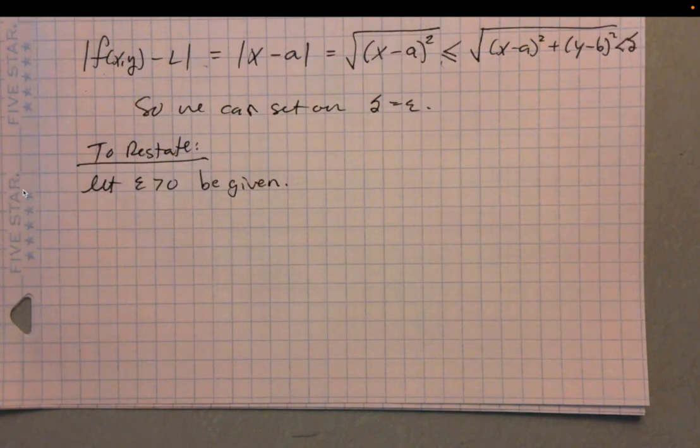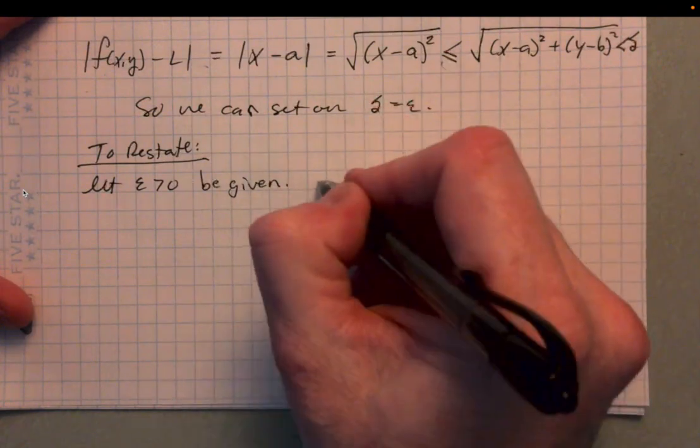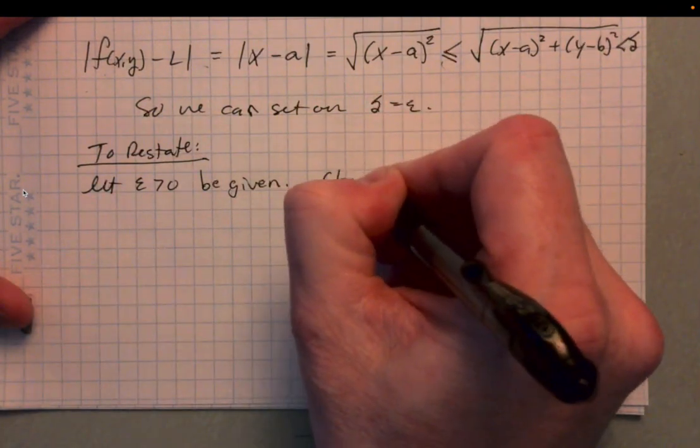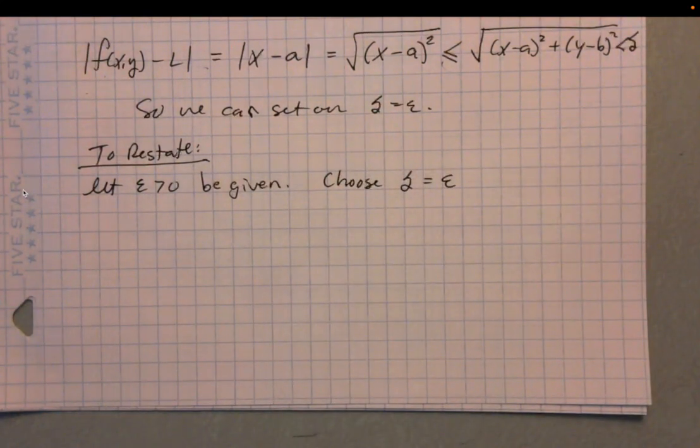So somebody gives you an arbitrary epsilon, and then you say, all right, let epsilon greater than 0 be given. Choose a delta that's equal to epsilon. This won't always be the case, but in this case it's going to work.